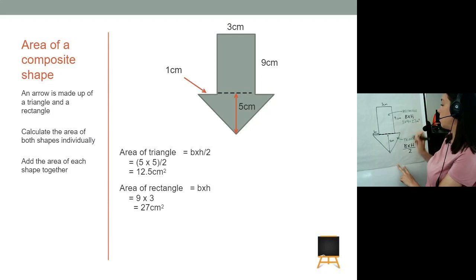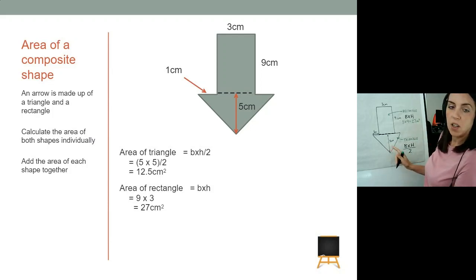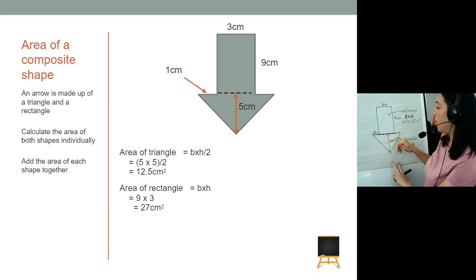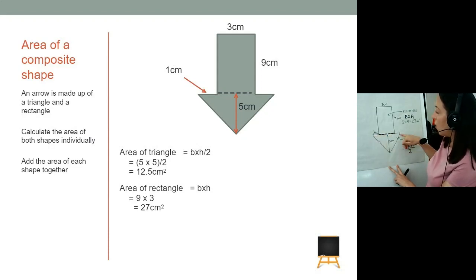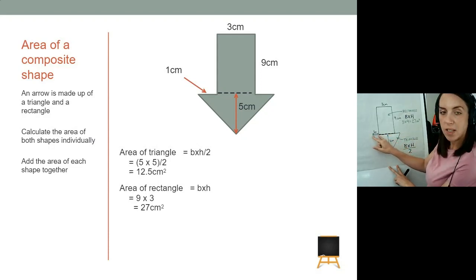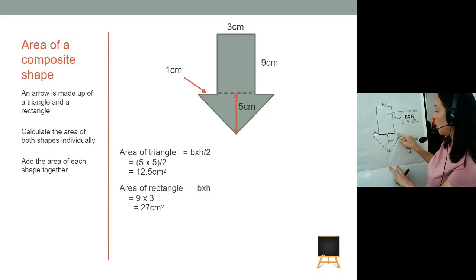centimetres squared. For the triangle here, there is an additional element to it as well, because we need to calculate the area by multiplying the base times the height and then dividing by 2. Now this time we know the height's given is 5, but the base here is slightly off because we have a measurement of 1 centimetre, if you notice, just there, nothing here and nothing across there.